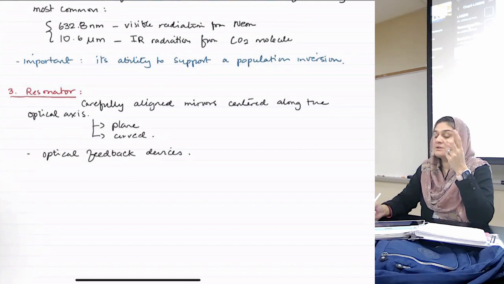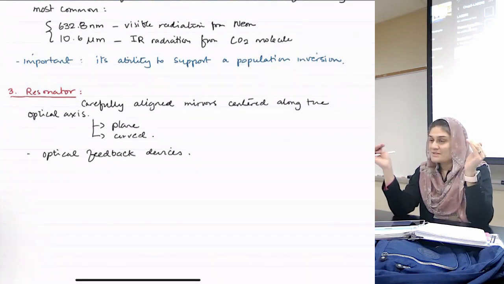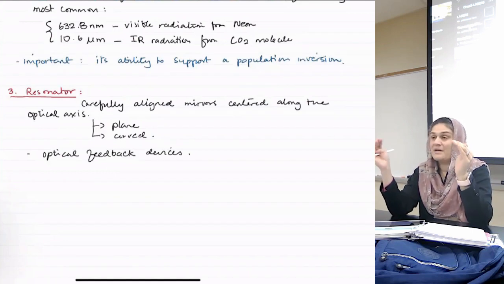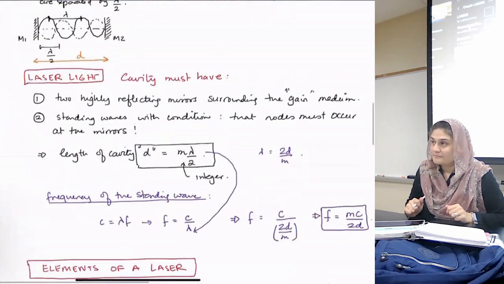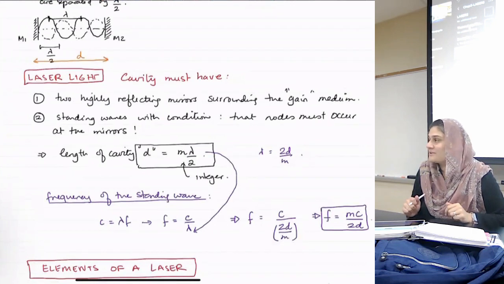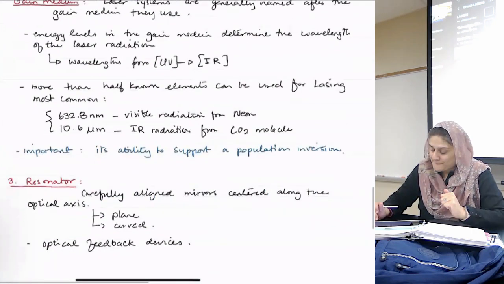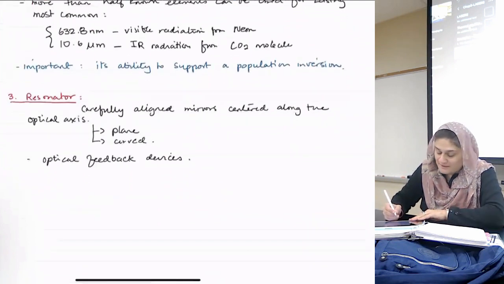And what are the 2 important things? The shape and the distance between the mirrors determine how many modes can be present in your laser. Remember we did that here? That's exactly where this comes in handy. So do we want to write this again?